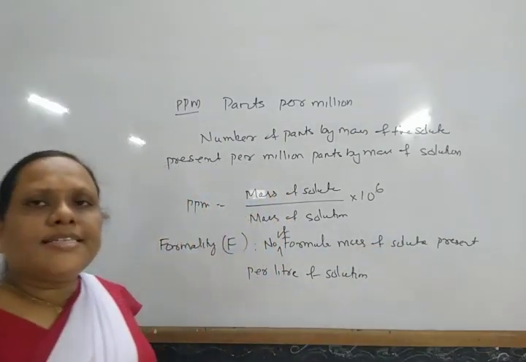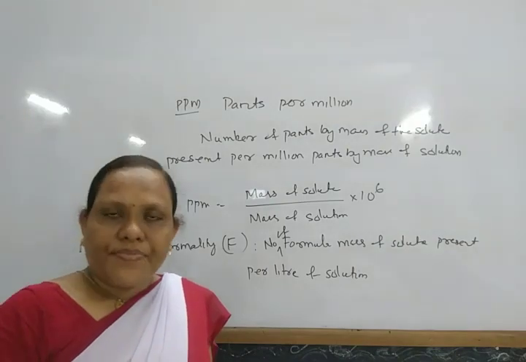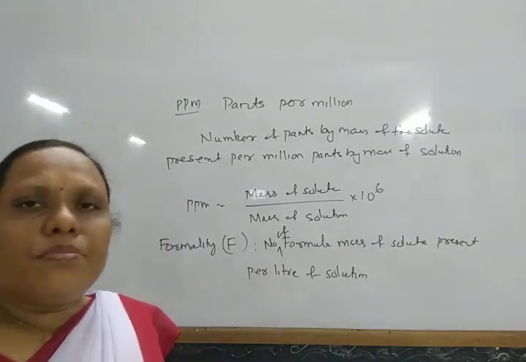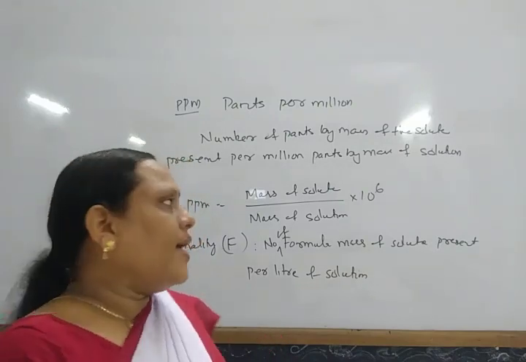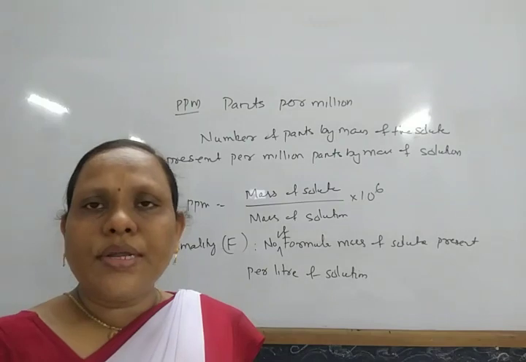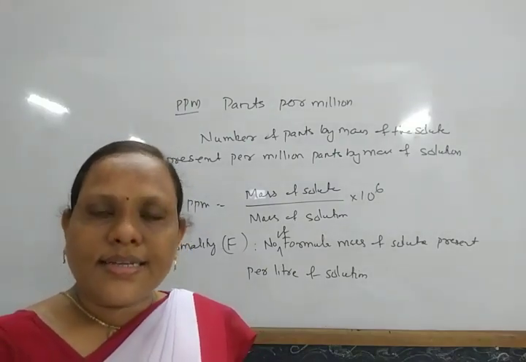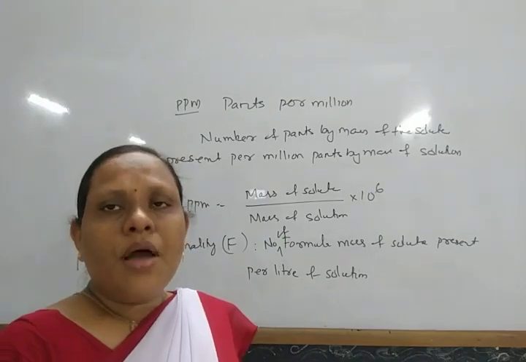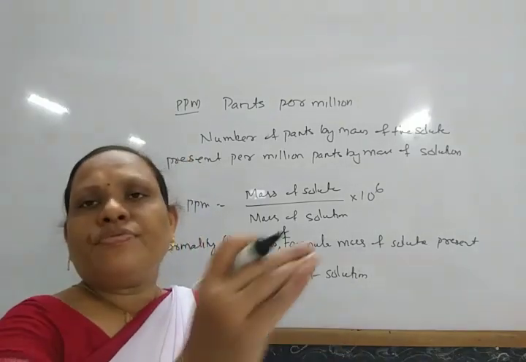It is similar to molarity, but formality is used in the case of ionic compounds and molarity is used in the case of non-ionic compounds, because non-ionic compounds exist as discrete single molecules, but in an ionic compound there are so many ions.